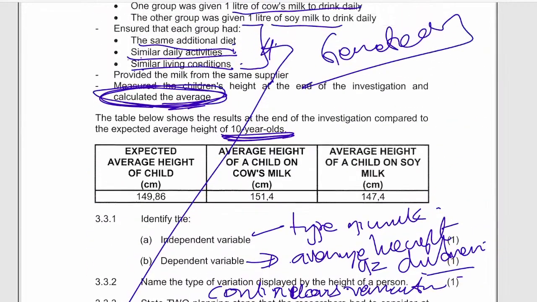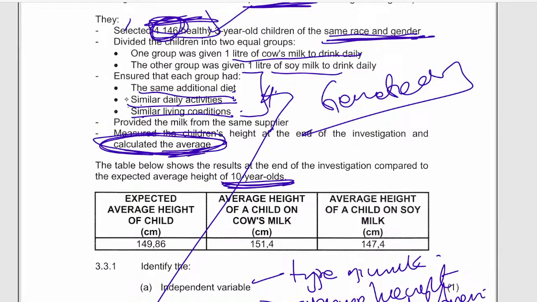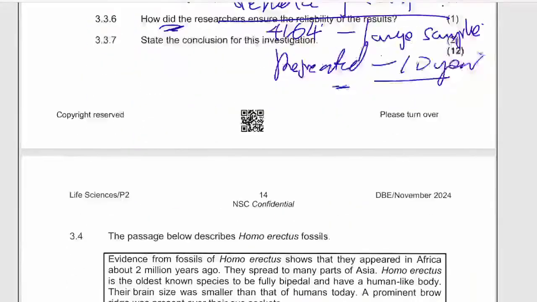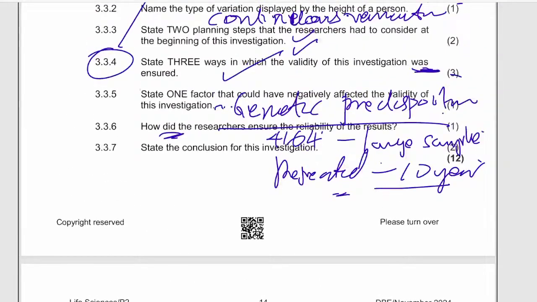So when answering here, you were supposed to say used the same additional diet, used similar daily activities, used similar living conditions. I told you when I was discussing this question yesterday that this is the only question they mark grammar. If they ask you in past tense, you have to answer in past tense. If they ask you in present tense, you answer in present tense.